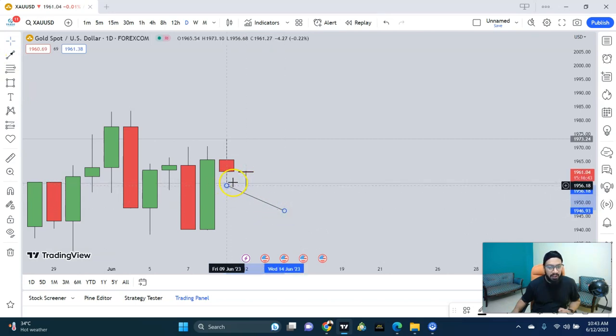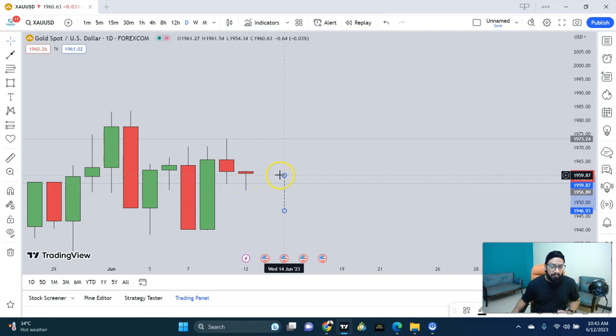So we can anticipate the price to move up and then go down and fill this entire range. If this high is taken in this candle, then this low takeoff will just be a liquidity grab kind of thing.